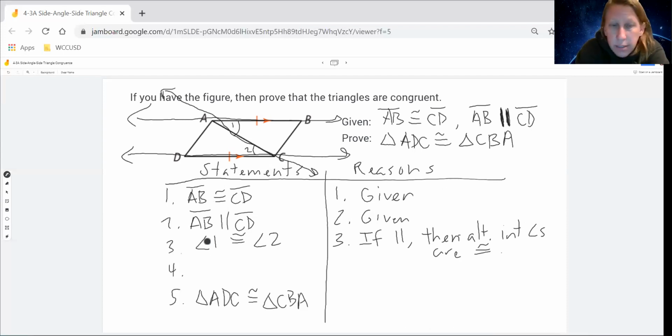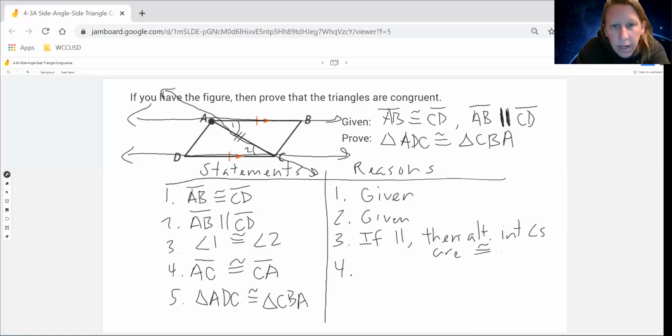Okay, so that was the first trick to this problem. The second trick to this problem is to say, hey, the two triangles I'm trying to show are congruent are stuck together. This line segment AC is the same size and shape as this line segment CA. Because they're stuck together, they're the same line segment. It's the same distance to walk from A to C as it is to walk from C to A. So the way we would write that is line segment AC is congruent to line segment CA.